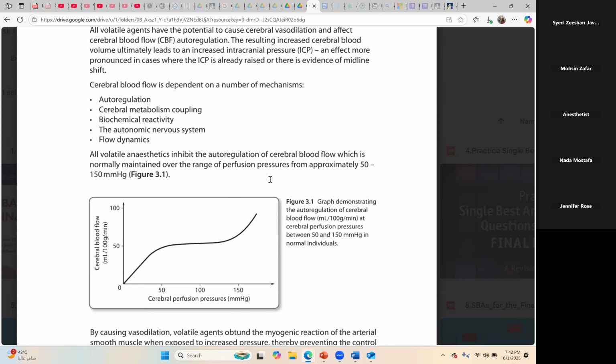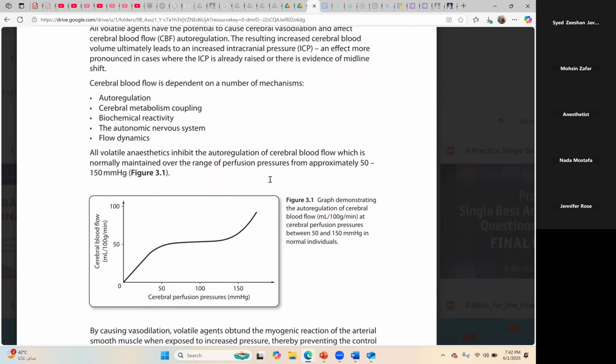Cerebral blood flow is dependent on a number of mechanisms like autoregulation, cerebral metabolic coupling, biochemical reactivity, the autonomic nervous system, and flow dynamics. Autoregulation is the limit within which the blood flow is maintained. Metabolic coupling means how much the metabolic rate is and how much the blood flow is.